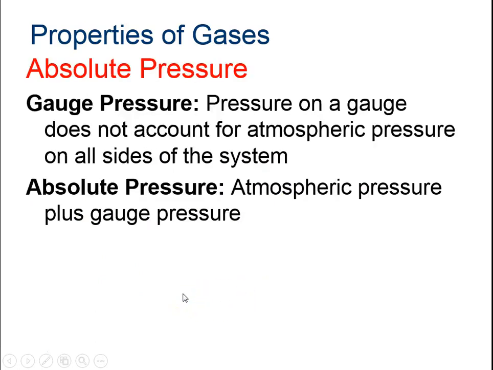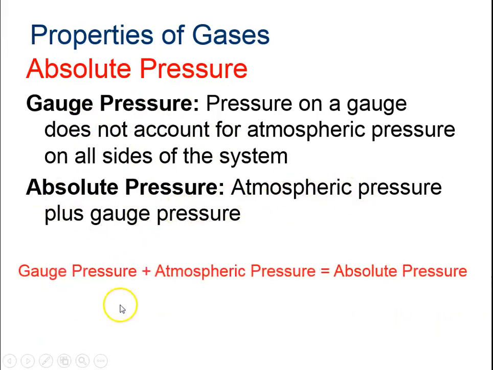One of the important things to catch is that we want to talk about absolute pressure when we're using our formulas. Gauge pressure means if I have a little dial that measures the pressure inside of some container, it'll tell us gauge pressure. That's what the dial reads. But absolute pressure is what we really need, which is atmospheric pressure plus gauge pressure.